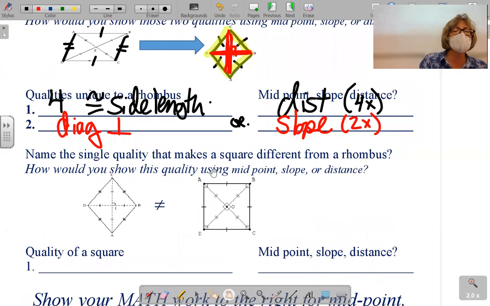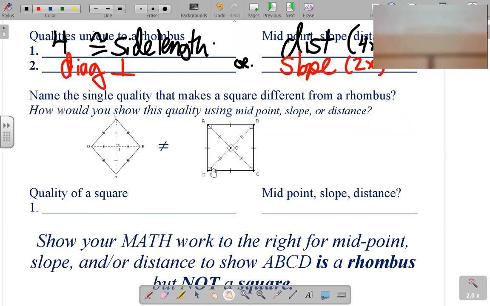The negative is prove to me mathematically it's not a square. What I don't want is what I call the dun: it doesn't look like a square, Miss Way, so it's not a square. You need math involved. So Ani, what is unique to a square that's not in a rhombus? There's only one quality. Right angle? Where? Everywhere.